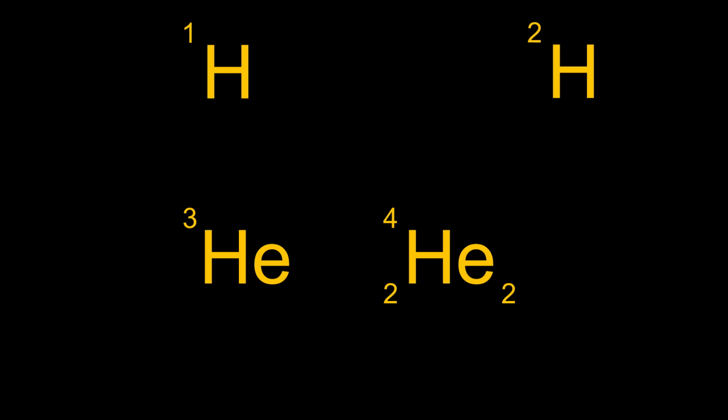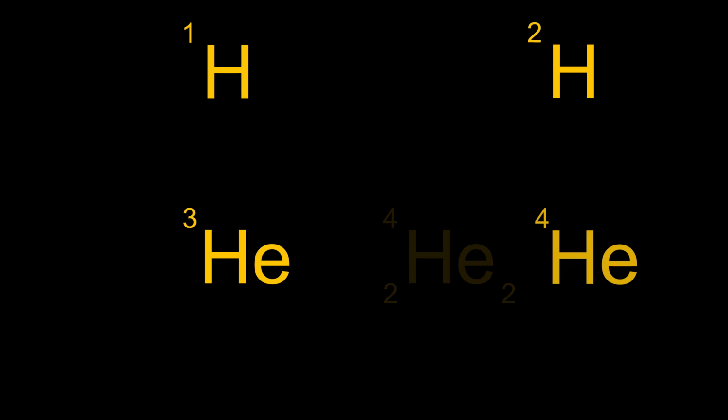So 2 plus 2 is 4. Try to follow that one. And that's the proton number plus the neutron number equals the nucleon number. And those are the 4 isotopes that we need to worry about. And they're pretty much the only isotopes we're going to worry about in this class. So there we have it. And we'll just write that as helium 4.